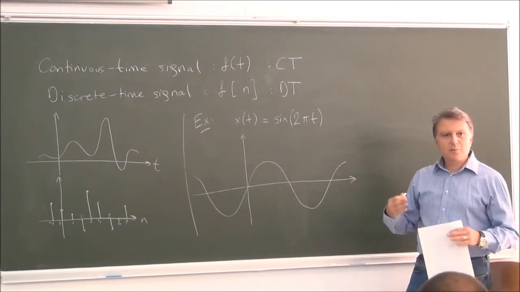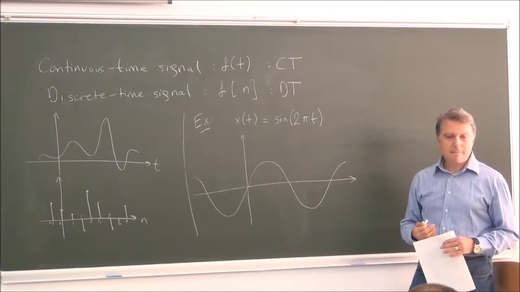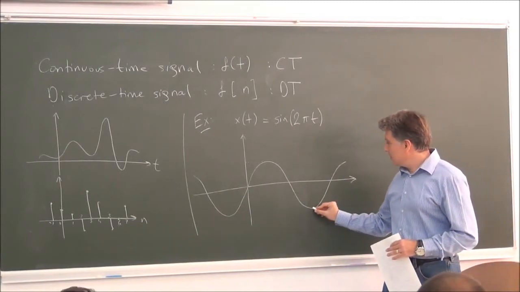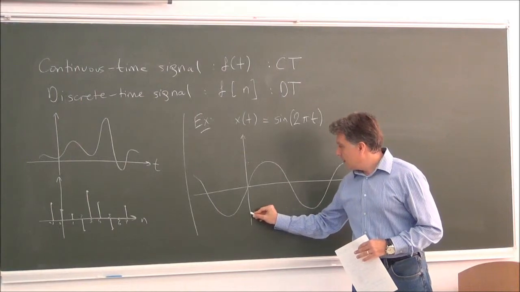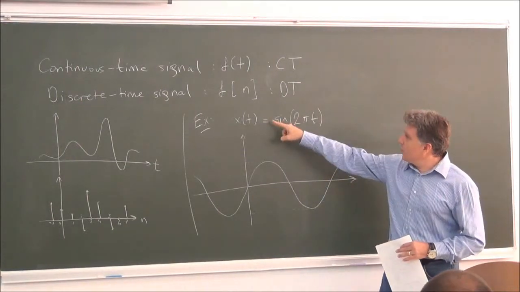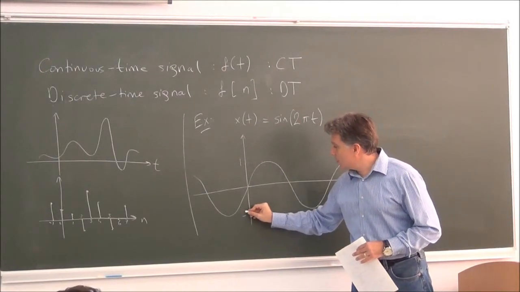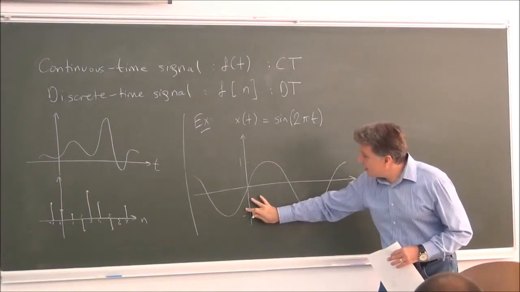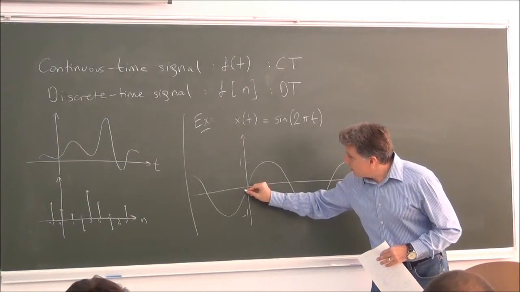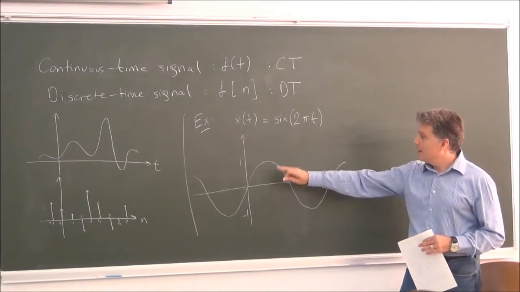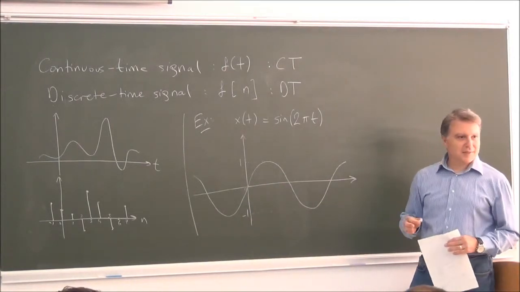You have to put proper labels in your plots. When I ask you to plot something, since this is 1 times sine, the maximum is 1 and the minimum is -1. And it starts from the 0 point. What is the period of this thing?